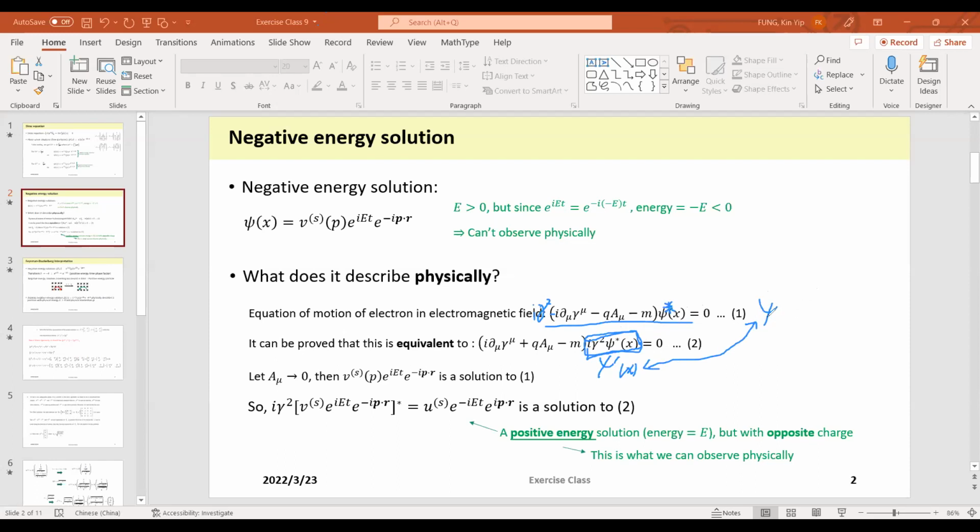We will have four independent solutions for equation 1 and also for equation 2. And that provides a way for us to interpret the negative energy solutions here. It's just an interpretation.